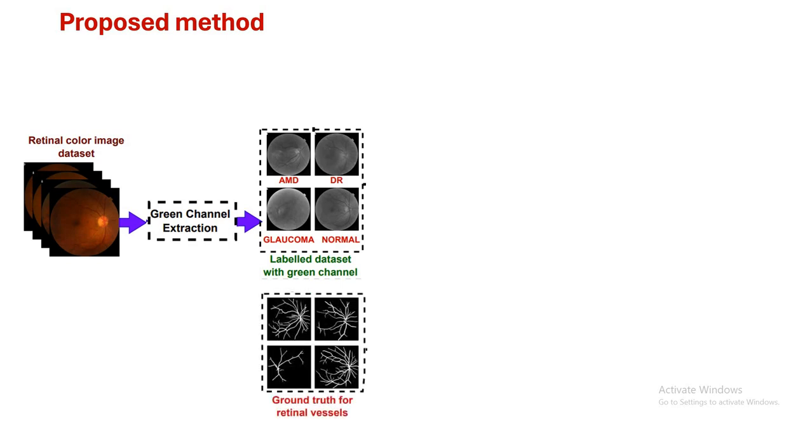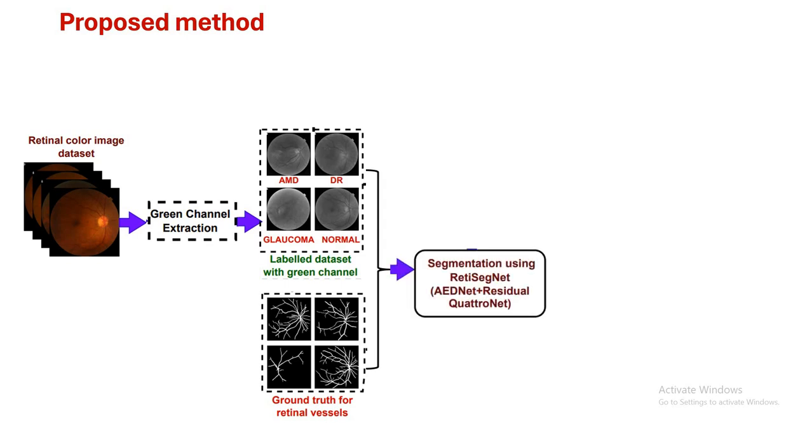Again, from the same dataset, we have ground truth for the retinal vessels, as you can see. Next, the segmentation, or particularly the vessel extraction, is done by using RetiSignet, which has 2 sub-networks: one is the AEDnet and the second one is the residual quadrant. So these are the segmented binary vessels extracted from the proposed RetiSignet.